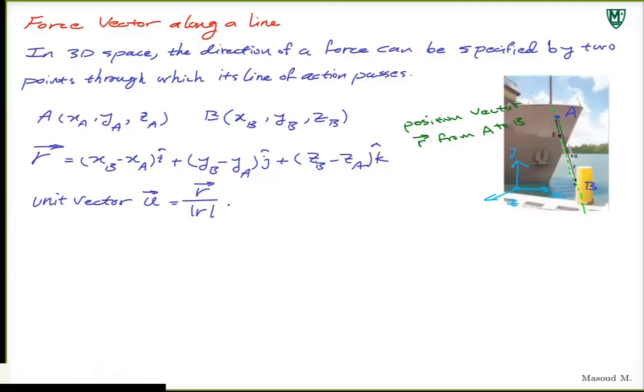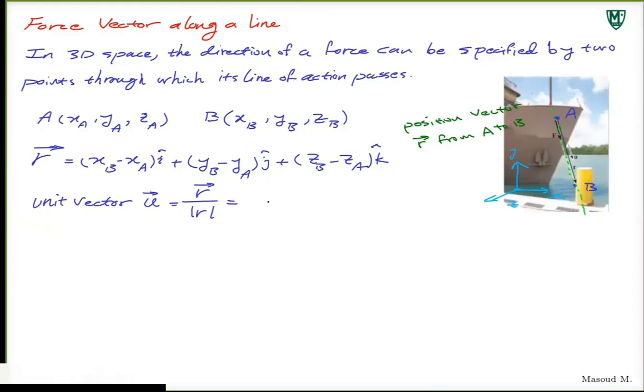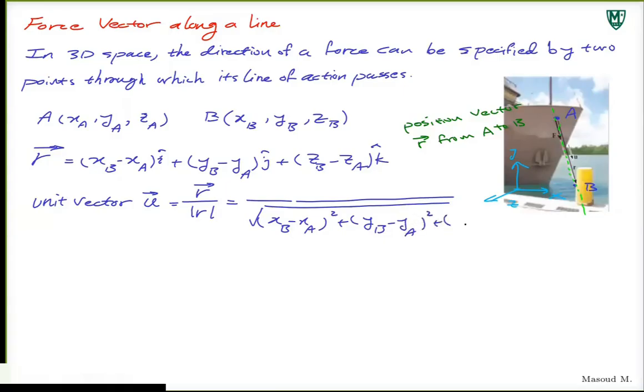The magnitude of R would be the square root of XB minus XA squared, plus YB minus YA squared, plus ZB minus ZA squared.